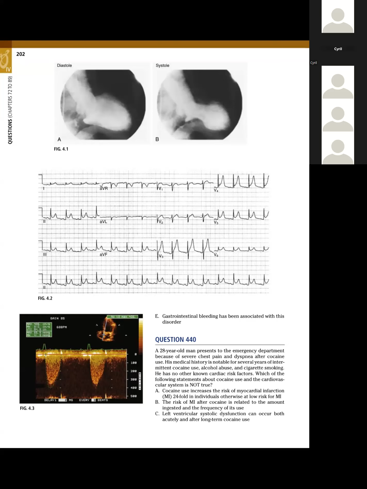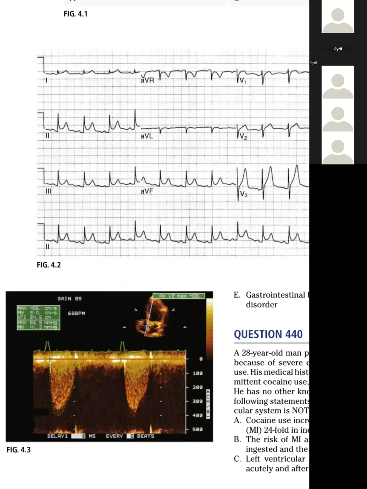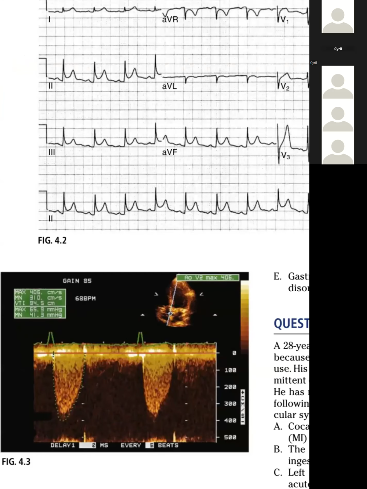The AV max of greater than or equal to 4 meters per second and a pressure gradient of 40. The moment you are getting greater than or equal to 4 AV max and 40, then you are most likely dealing with aortic stenosis, most likely the severe type.